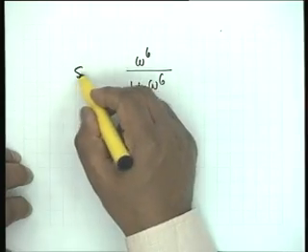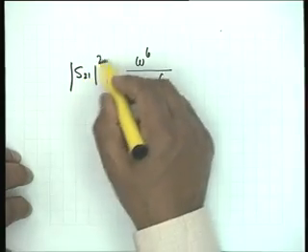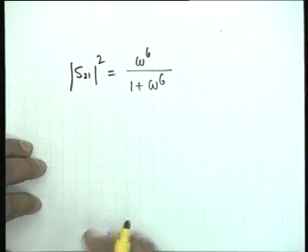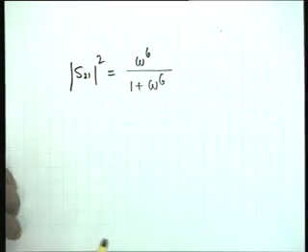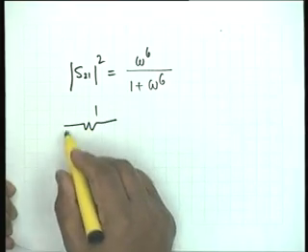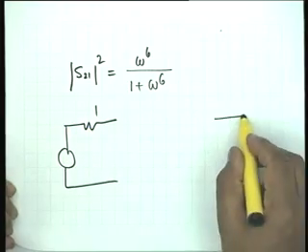Suppose S21 j omega squared was equal to this. Without any calculation, can you tell me what the architecture of the insertion network should be?